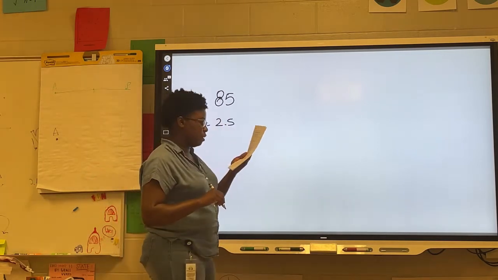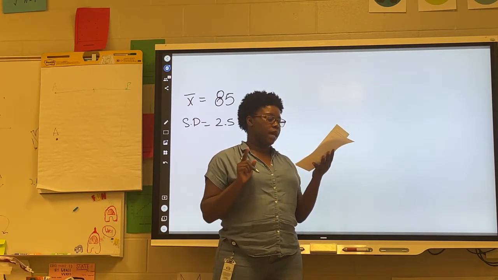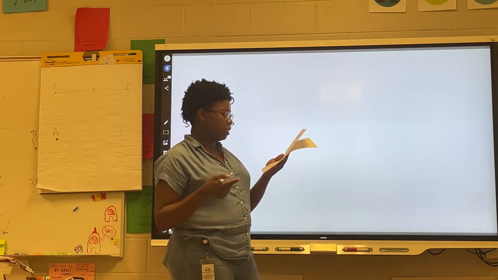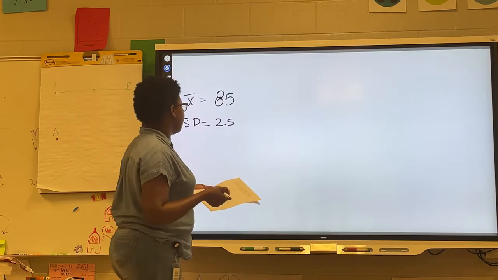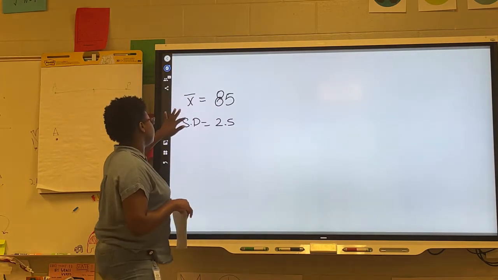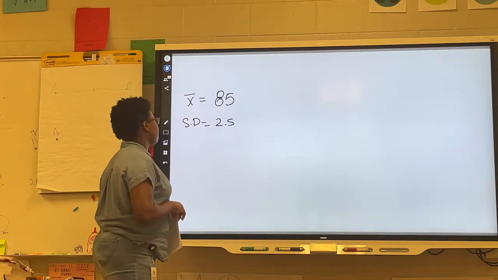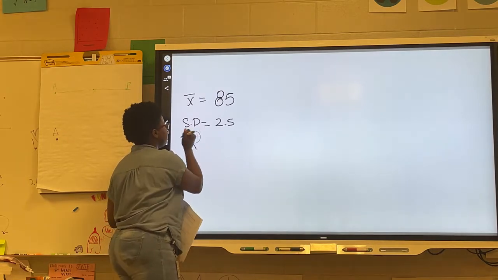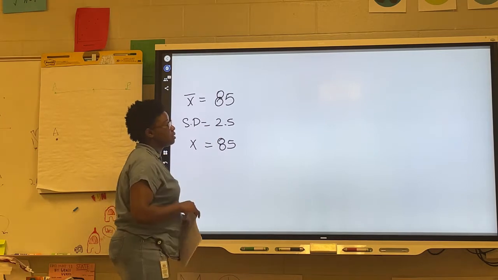They ask us to find the corresponding Z-score for a woman who is 85 inches tall, and draw a conclusion, showing your calculation for Z-score. So basically, we're given the average is 85, a standard deviation of 2.5, and the person's height is also 85. So that's your data value.